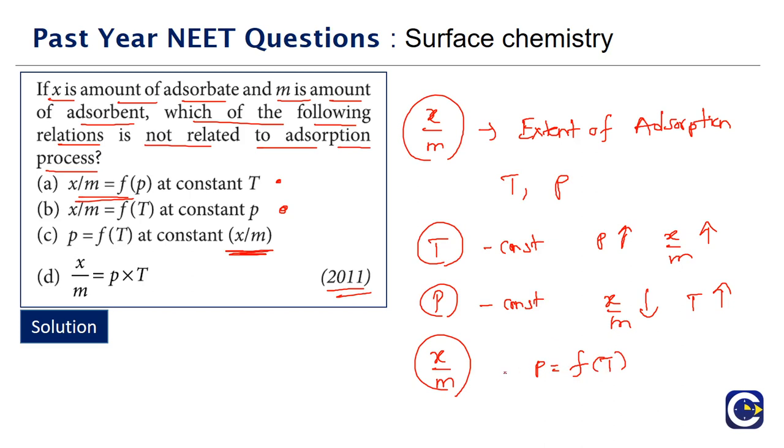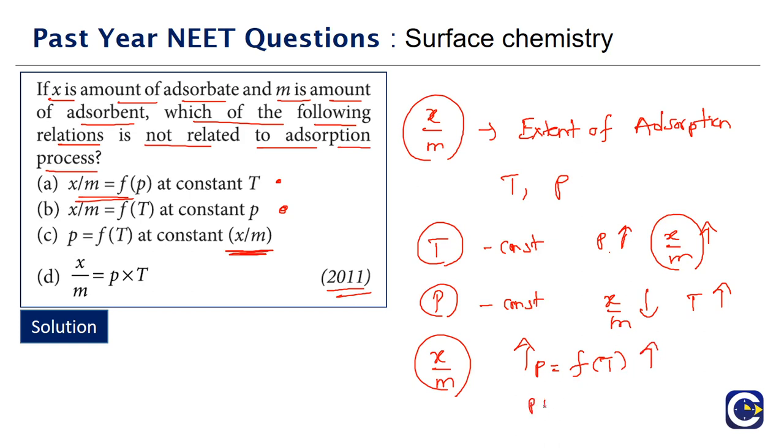If we need a constant extent of adsorption and we are maintaining high pressure, then generally if the temperature is maintained constant, high pressure will increase x by m value. If you want to maintain the x by m value constant, then accordingly the temperature also must be increased.